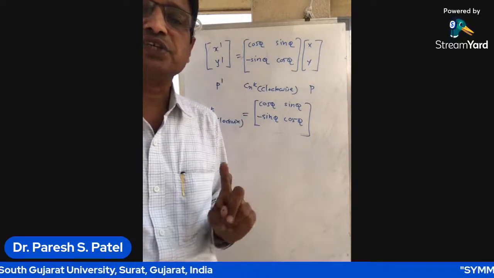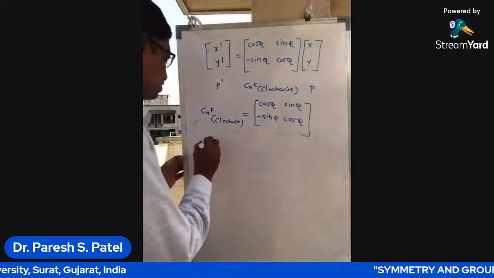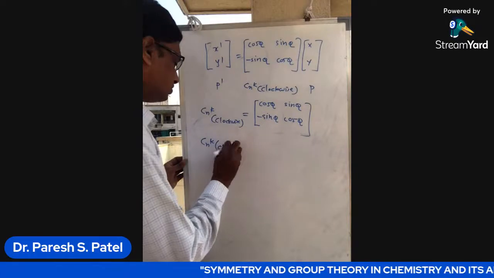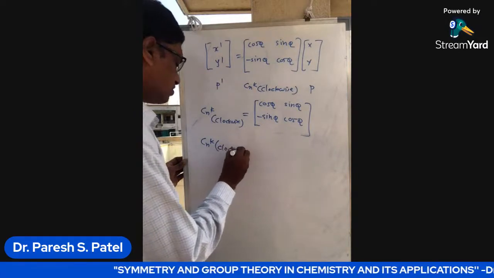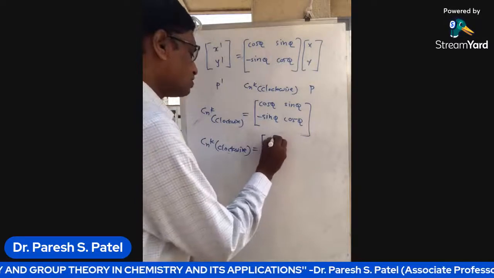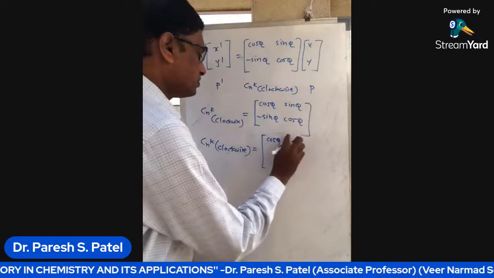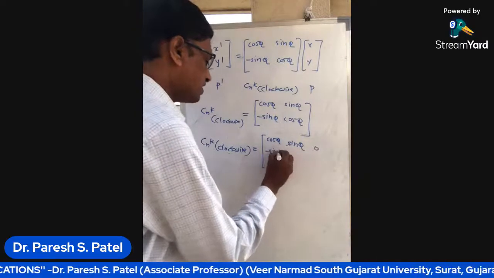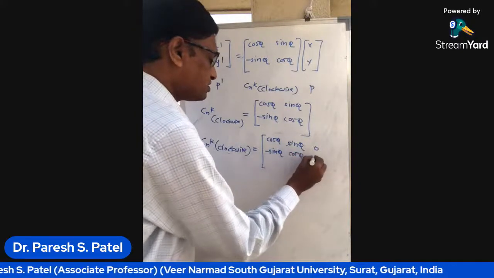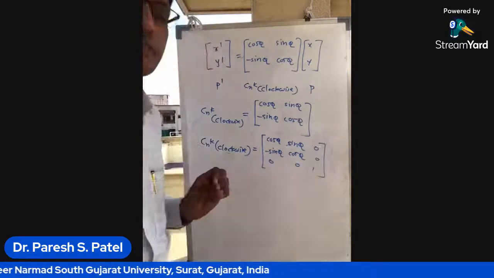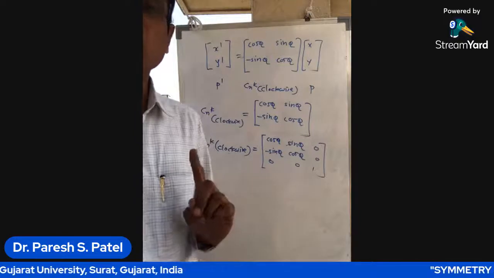We can extend it to a three-dimensional system. So C clockwise rotation is equal to cos theta, sin theta, 0, minus sin theta, cos theta, 0, 0, 0, 1. So this is the matrix representation for clockwise rotation.